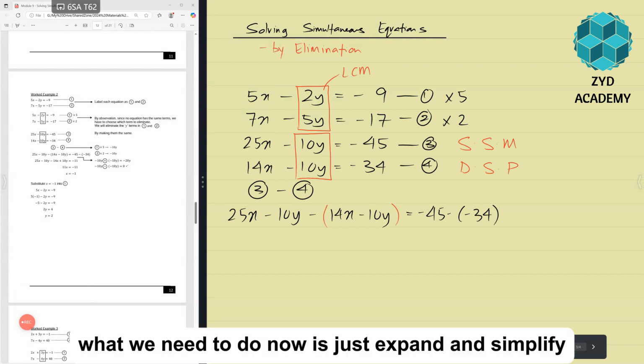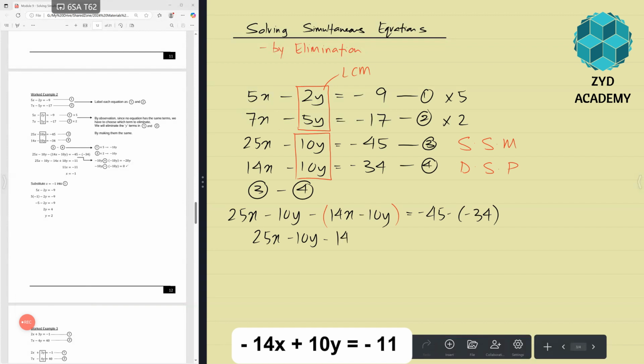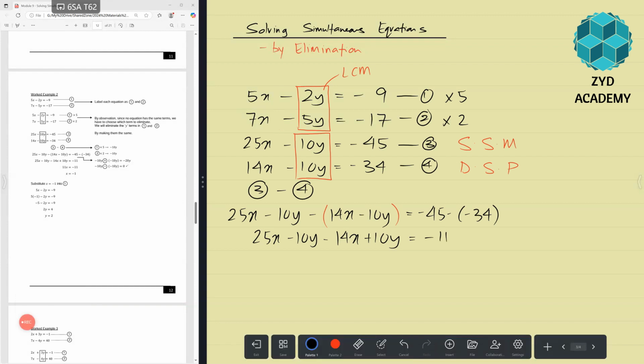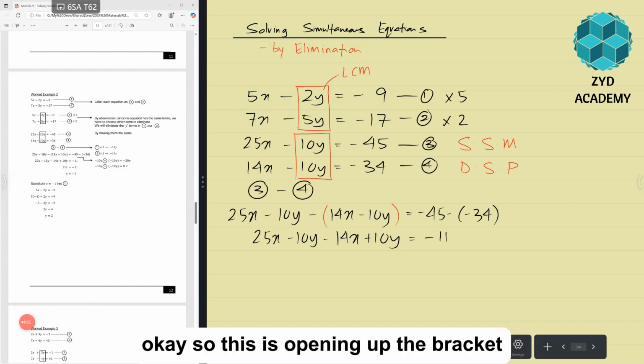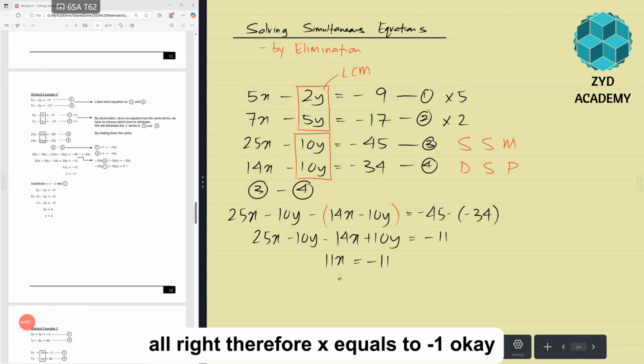What we need to do now is just expand and simplify. We get 25x minus 10y minus 14x plus 10y equals negative 11. Opening the bracket and simplifying, I get 11x equals minus 11. Therefore, x equals negative 1.